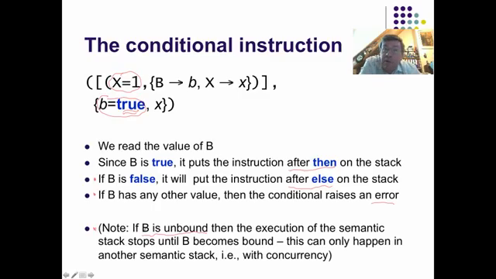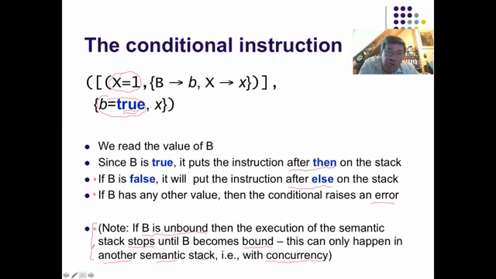We cannot do the if because we don't have enough information to decide whether it's the then or the else. So the execution of this semantic stack stops until b becomes bound. When can that happen? It can only happen in another semantic stack. That means if we have concurrent execution. This is how we're going to implement the basic synchronization of data flow concurrency. But that's all I want to say about that for now.